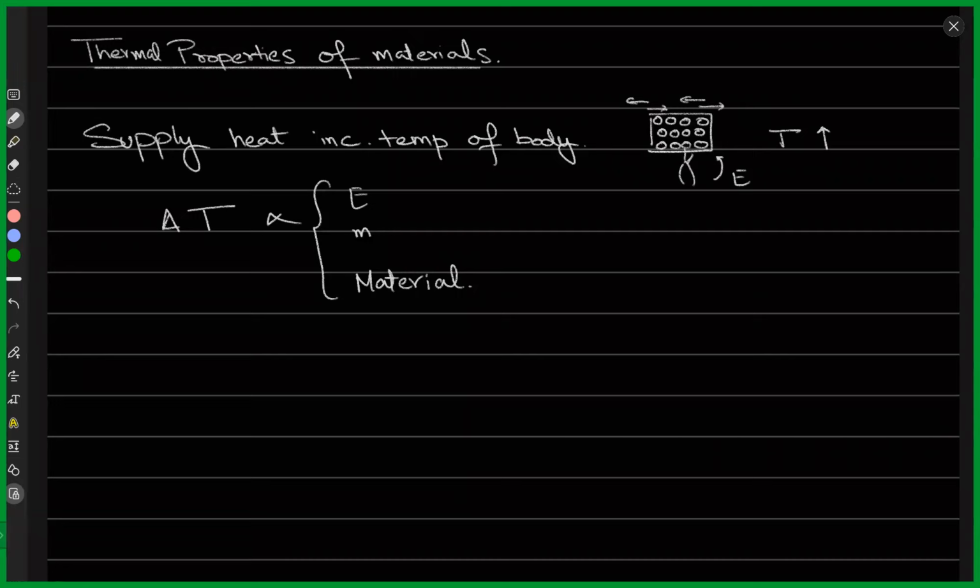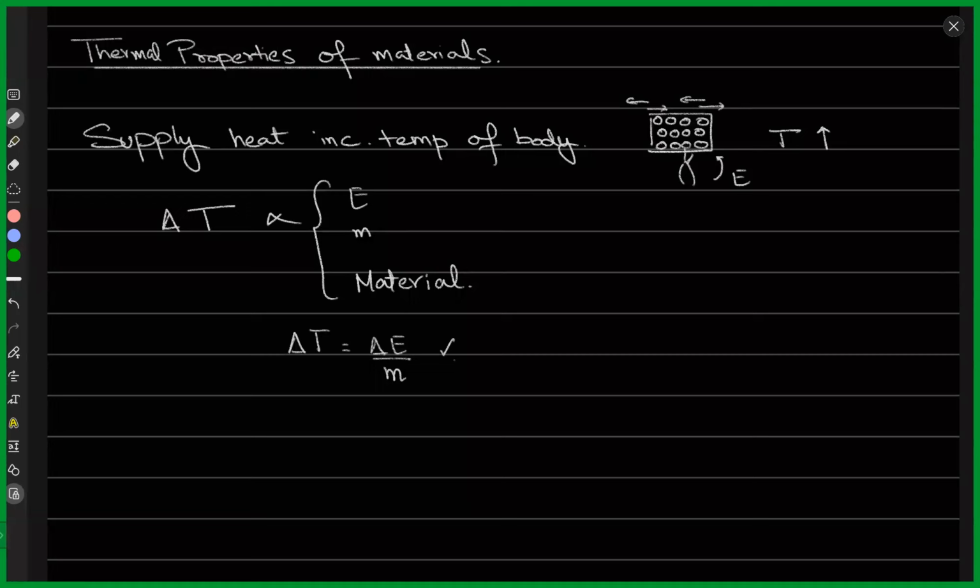I cannot hear. Okay, Omar said yes. All right, so I'll assume it's clear. Now we can write an equation for this: delta T is equal to delta E by M. This equation tells you how the temperature would change as I change my energy.